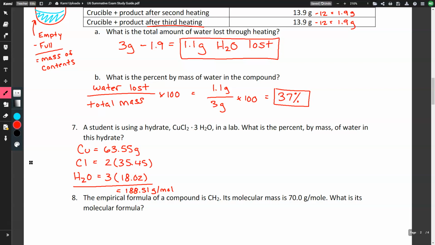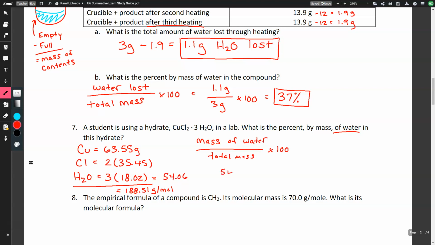And it's asking what percent by mass of water is in the hydrate. So that's going to be the mass of water over the total mass times 100. So the mass of the water, 3 times 18.02, is 54.06.